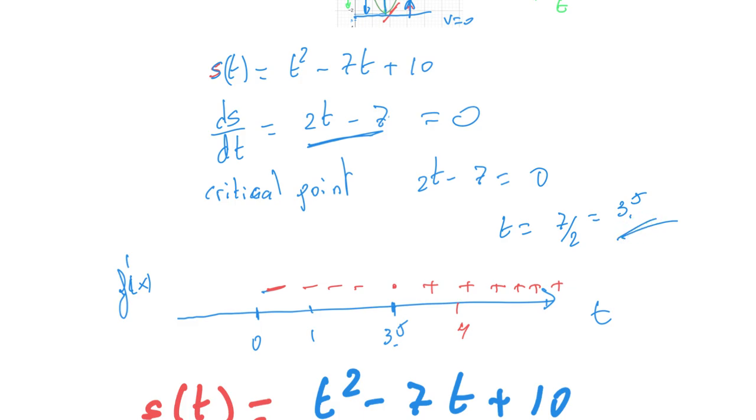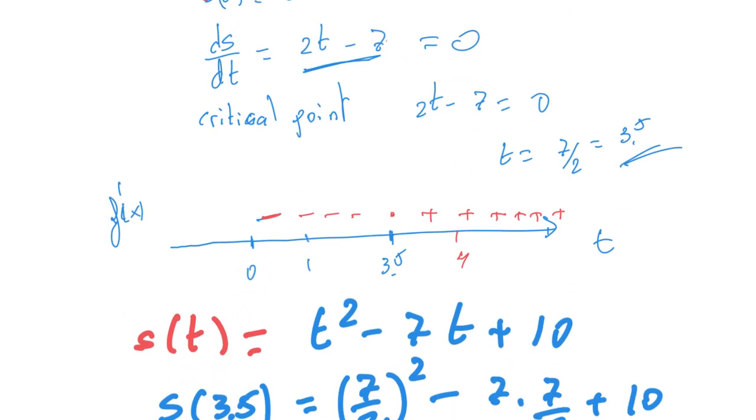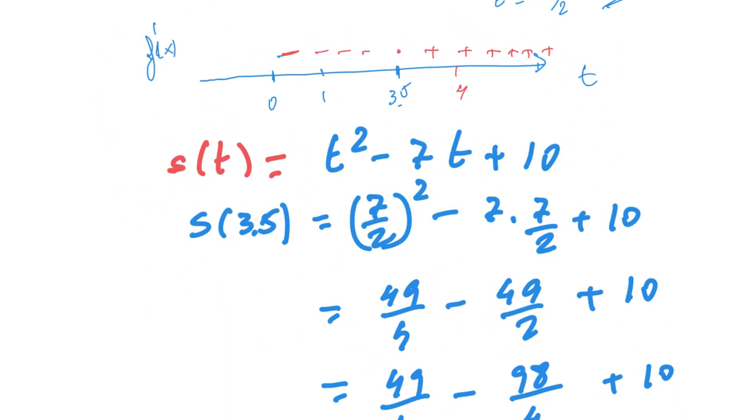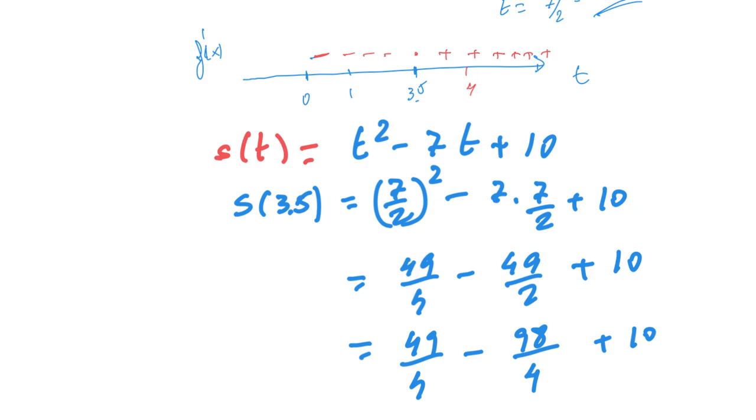So we have answered all the questions, and maybe the only question that is not answered is, what is the position at the time t equals 3.5? Well, you plug in numbers. This is the s of t. You plug in t equals 7/2.